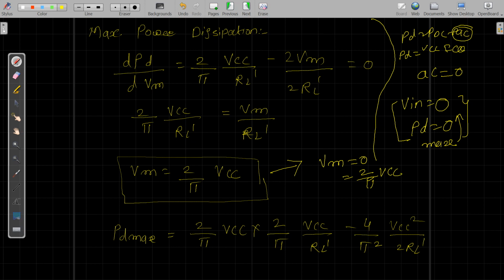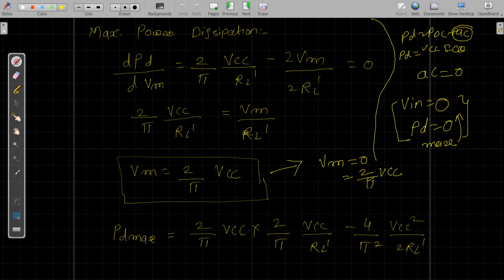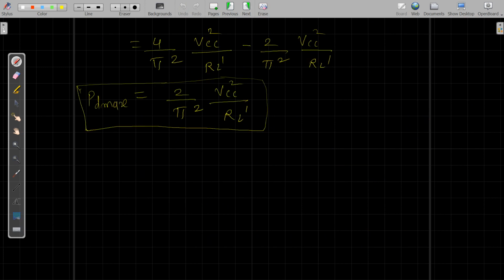Now this Vm value, you substitute wherever you have Vm, that is 2 VCC by pi, and then after solving, the PD max will be 2 by pi square into VCC square by RL dash.